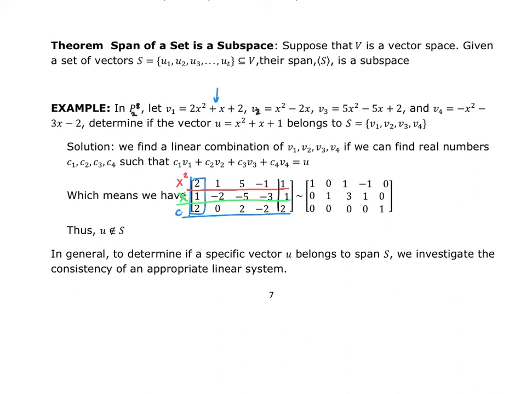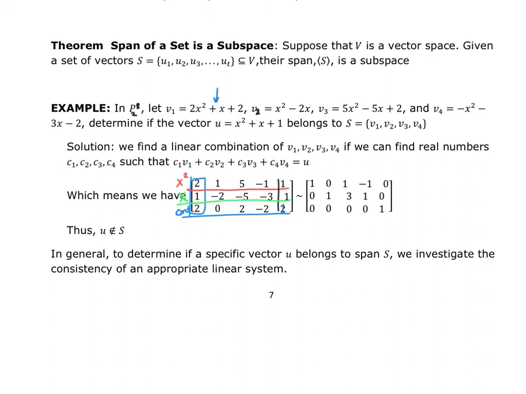So these are all my constants, not to be confused with the linear combination that I'm going to do. So I strip off the coefficients 2, 1, 2, and that gives me my first column. 1, negative 2, and 0 is my second column. 5, negative 5, and 2 is my third column. And of course, negative 1, negative 3, and negative 2 is my fourth column. This last column is what I believe U to be, which is 1, 1, and 1.